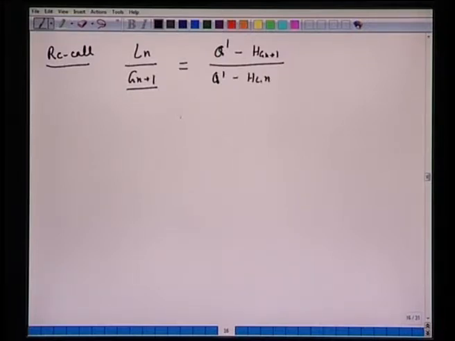All right, which we can also write as 1 minus (HGn plus 1 minus HLn) over (Q prime minus HLn).